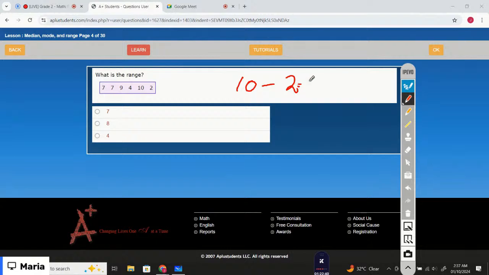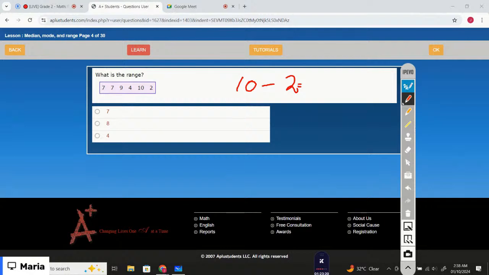So that is 10 take away 2. So 10 take away 2 is 8.